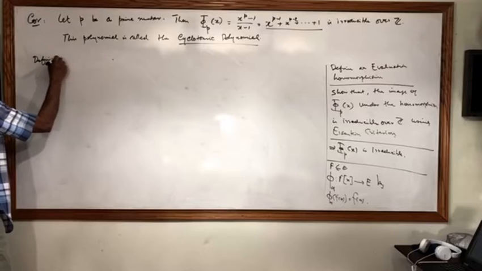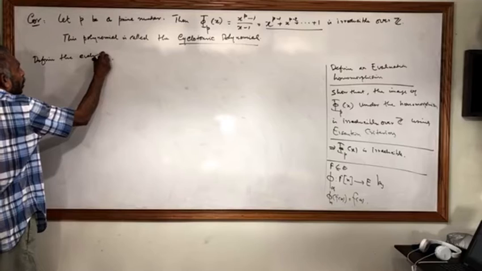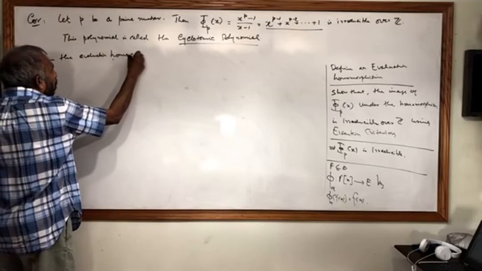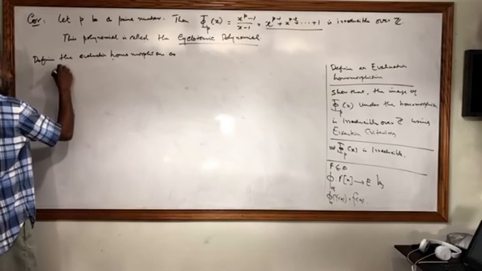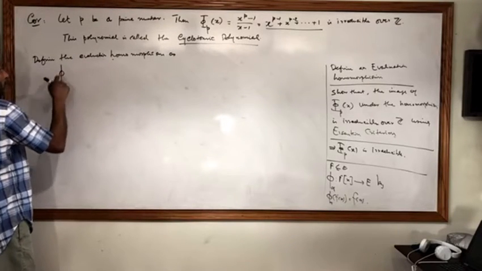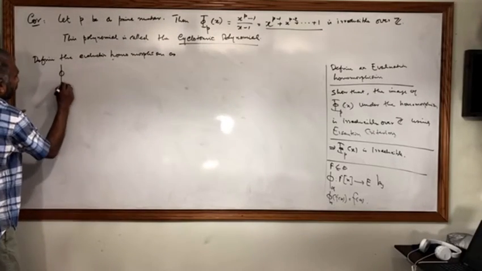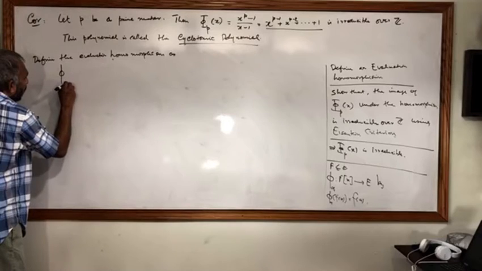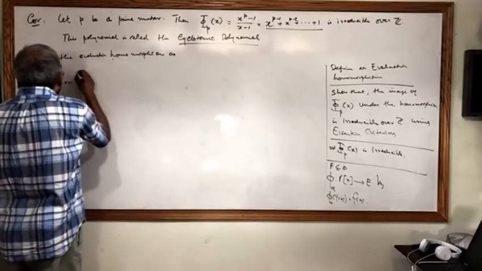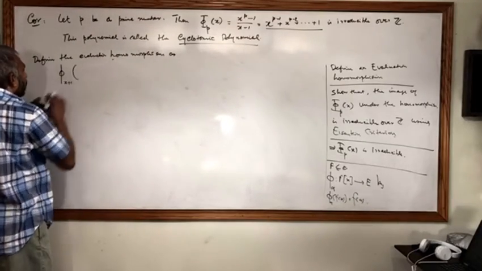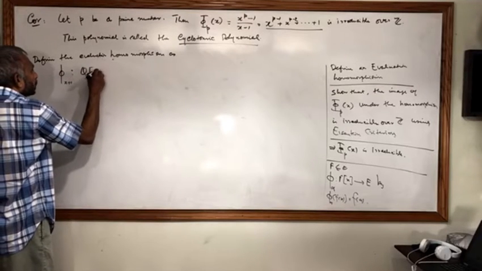So here the evaluation map goes like this. Define the evaluation map, a homomorphism, as phi. This phi is different from this phi. This is a capital Phi, okay? Capital Phi, and there should be an element here, that is alpha, and this is actually going to be from Q[x].